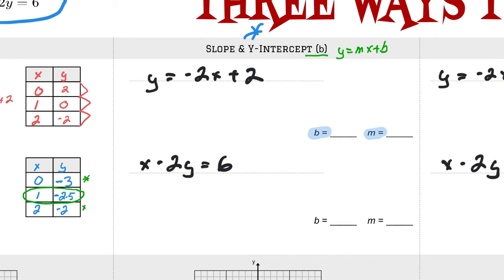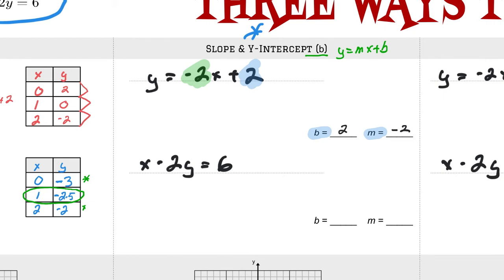So in our first equation, let me go back to my highlighter. That would be slope, and this would be b. So I have slope of -2, and I have b of +2.